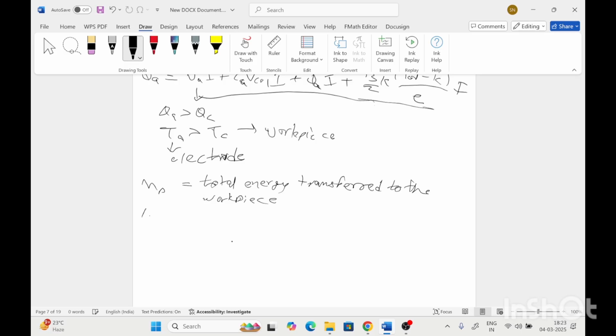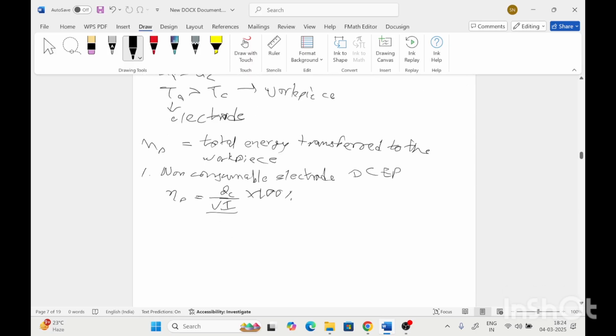So for a non-consumable electrode, where the DC current is used and the electrode is positive, the heat efficiency can be written as QC divided by VI into 100%. VI is the total heat available.